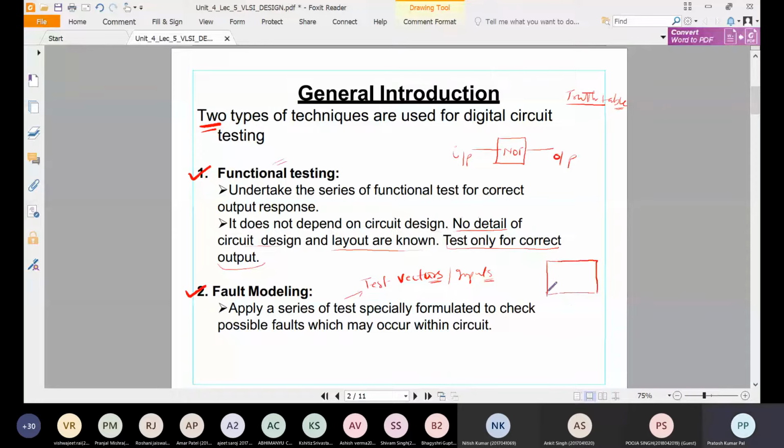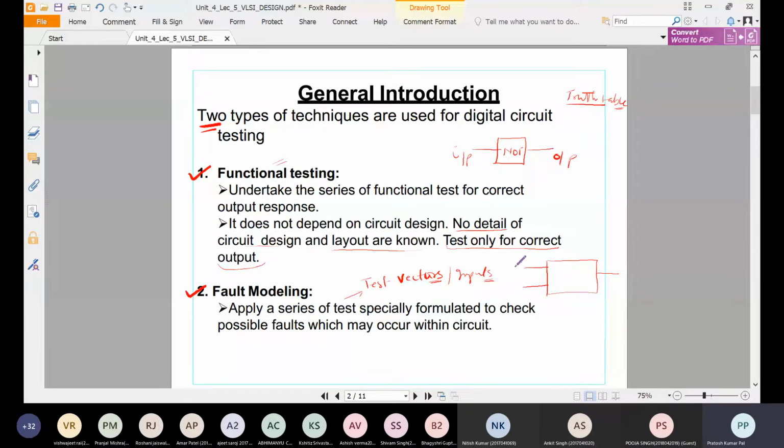So in fault modeling, for the complete IC, we check what type of faults could be there, and we check that fault by applying different test vectors. These test vectors give some output, and with respect to the output, we check whether it is correct or not.